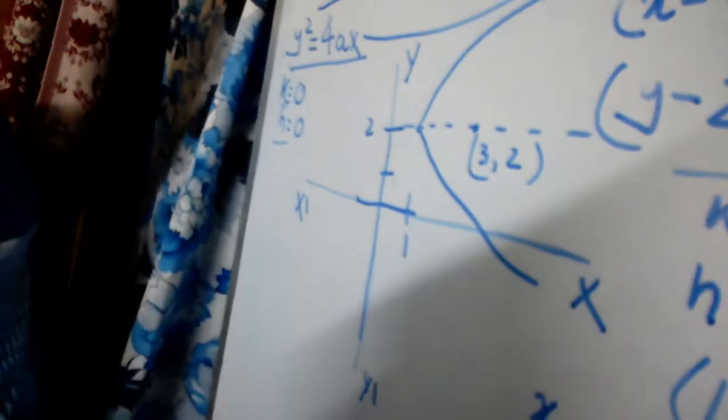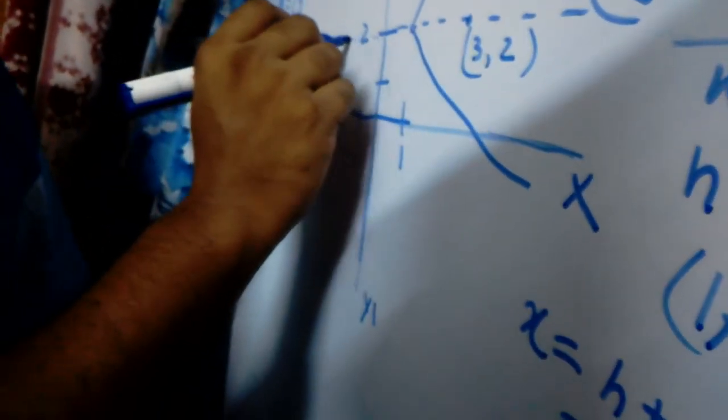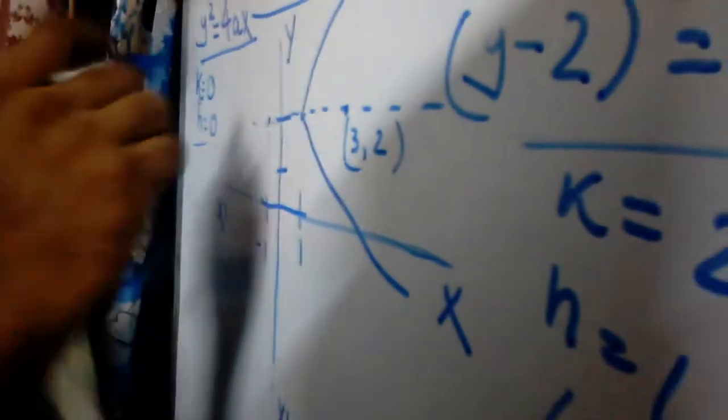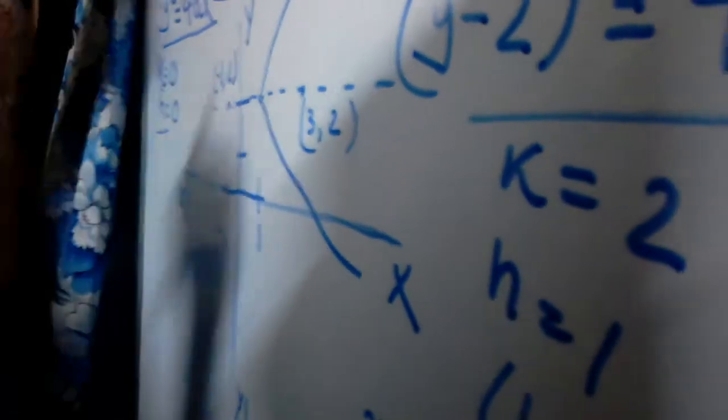Now, what will be the directrix? The directrix will be formed when x is equal to h minus a. h is 1 and a is 2, so 1 minus 2 is minus 1. It will go like this. The point is minus 1, 2.